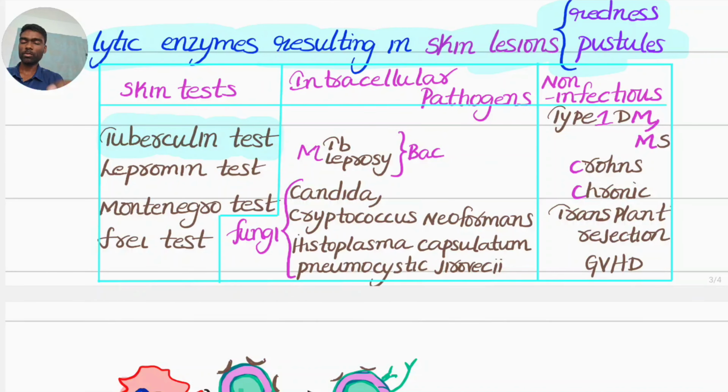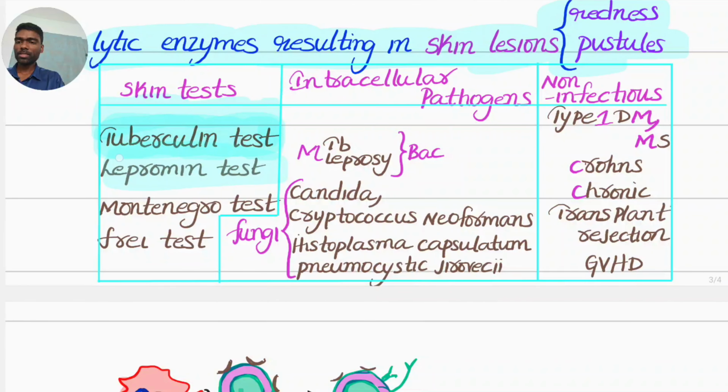We will observe induration, erythema and swelling at the site of injection. Why? Because if the host is already sensitized and ready with delayed type hypersensitivity T cells, then he will show the reaction on subsequent exposure to this tuberculin antigen.